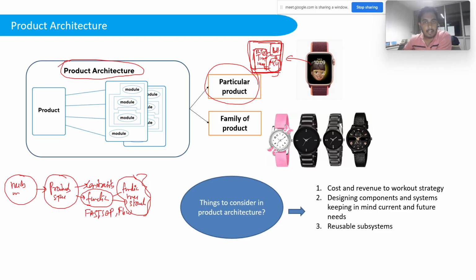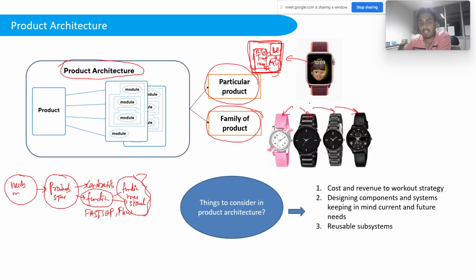And the other kind of product architecture is family architecture. When we see products in the market, they do not have only one particular product architecture. They have families of products, and they have some shared commonality among their products.